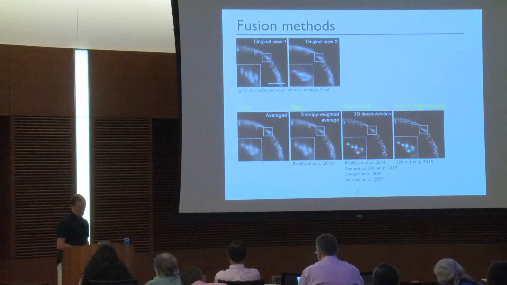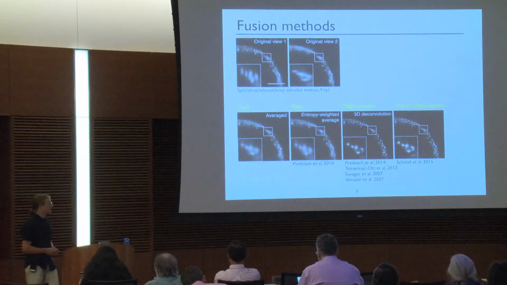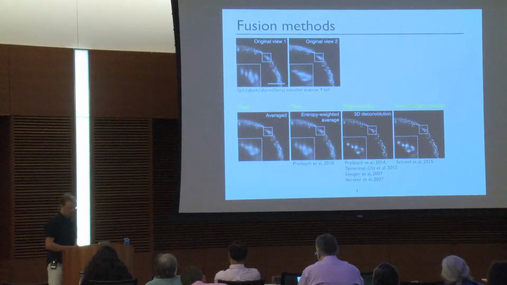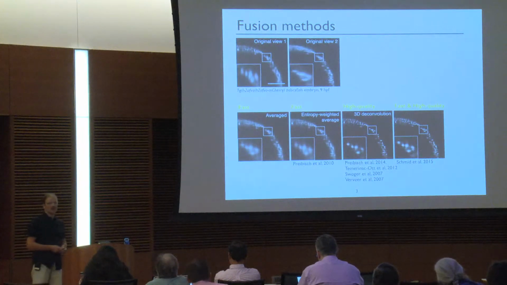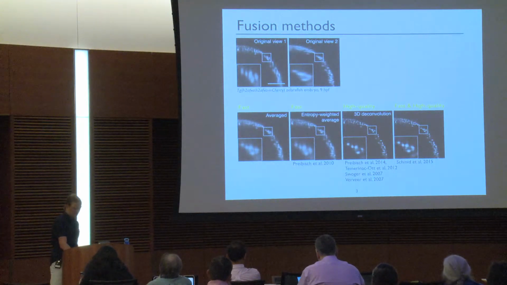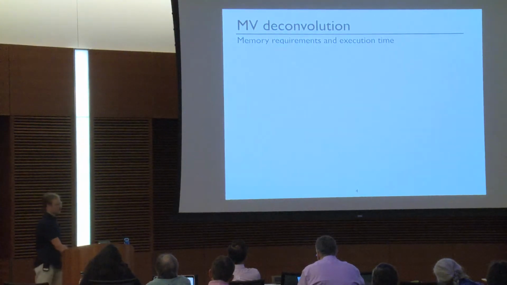The work which I'm showing you is based on Stefan Preibisch's work about multi-view deconvolution. What is the problem with 3D multi-view deconvolution? When I used his plugin, I oftentimes ran into out-of-memory errors. I was pretty annoyed by that, and I sat down and calculated the memory requirements.